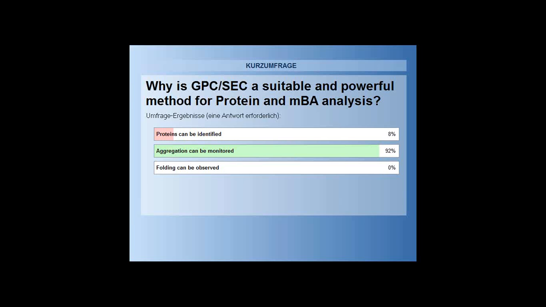You cannot identify proteins as such, but as Torsten pointed out, you can obviously see whether you have dimer, trimer, or even higher aggregates of your protein. And depending on the software that you're using and depending on the resolution that you have for your columns, you may actually be able to quantify the amount of dimer, trimer, and so on that you have. But bottom line, you can monitor aggregation nicely with GPC SEC.